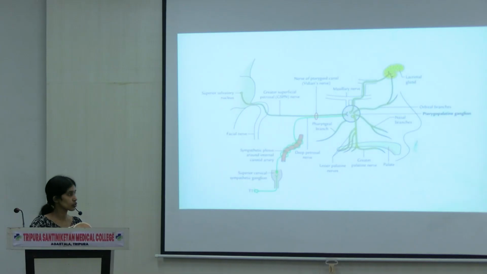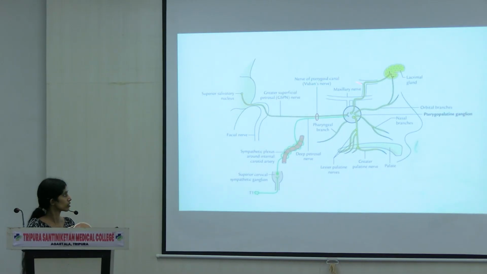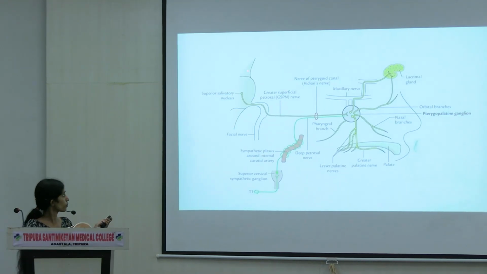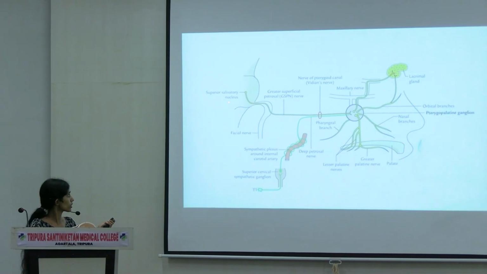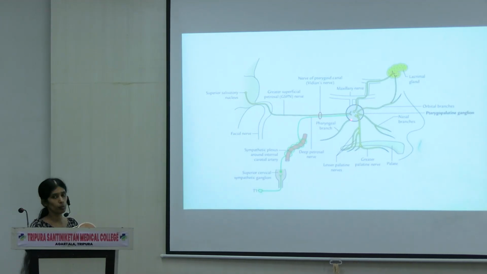See this picture. This is a picture starting from your face to your brain part. So you have to imagine like this whole part is the interior. This is the face part and this is your brain part. This is the midbrain, this is pons and this is medulla oblongata. From the pons we have one important nucleus that is called superior salivatory nucleus. From this a nerve called greater superficial petrosal nerve is entering your Pterygopalatine ganglion region.